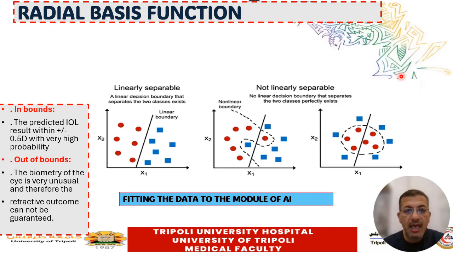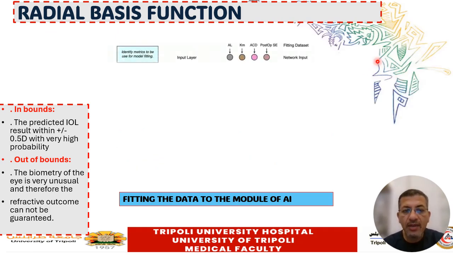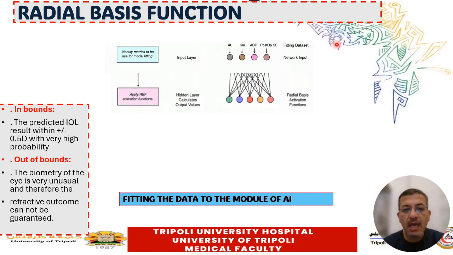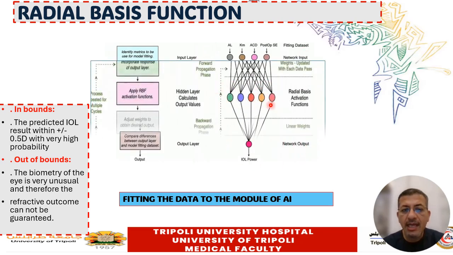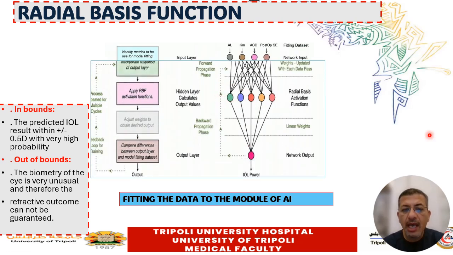So in the Hill-RBF formula, if we have a set of data, this data can be, as I said, AC depth, axial length, keratometry, the power, the curvature, and so on. Now, there is input data and there is output data, and in between is a subset of the neural network. This is a single layer of the neural network. Based on the input data, the activation of the radial basis functions will create a 3-dimensional representation of this data and establish a linear relation between them, and then it gives you an output.